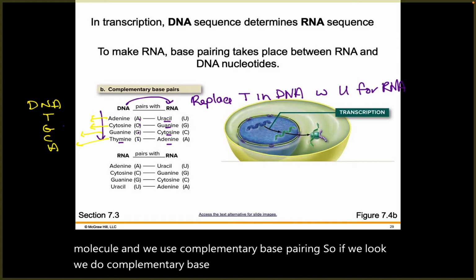And if we go through and do base pairing RNA to RNA, we follow the same rules as when we went from DNA to RNA. As you can see, we already have uracil in our RNA there, so it will base pair with adenine. And here again, adenine will base pair with uracil.